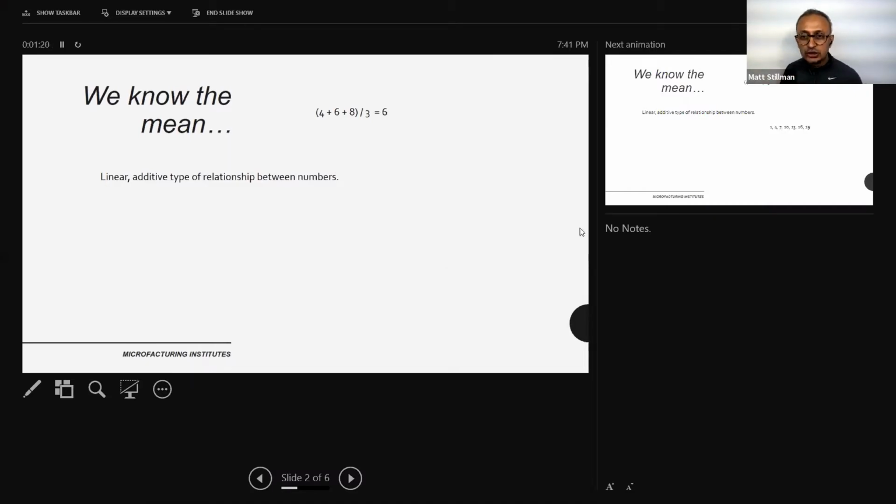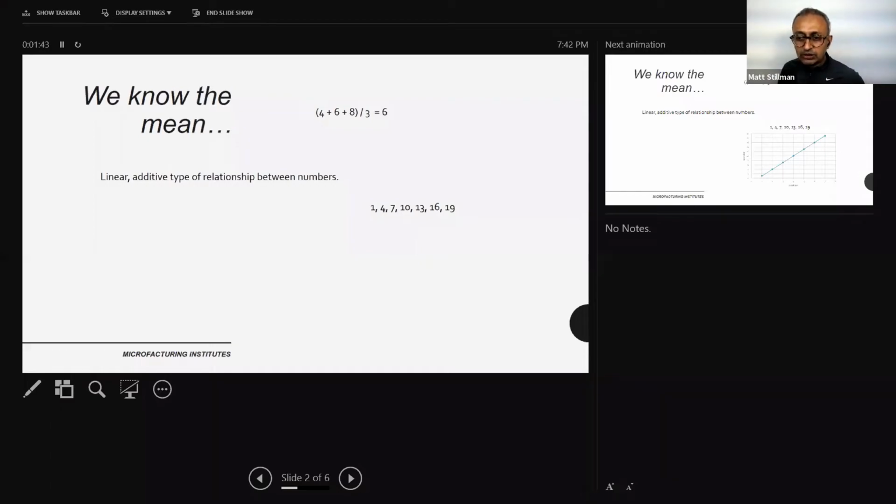You're trying to get to the sum of these 3 numbers by multiplying the mean by 3, the number of instances of that data series. So you multiply 6 by 3 and you get the sum of these numbers. So that's your arithmetic mean.